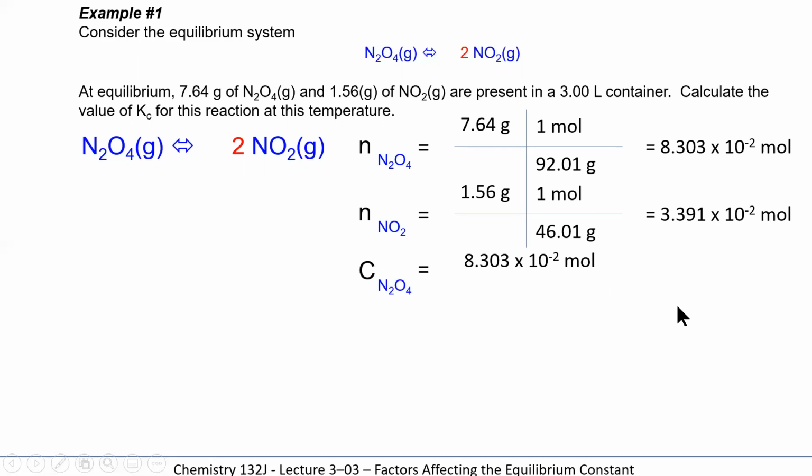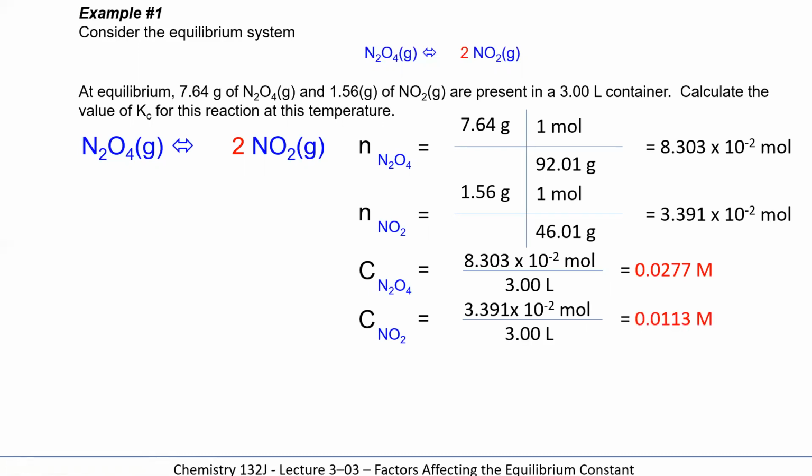And then the concentrations are moles divided by volume. So the moles divided by the volume for N2O4 will be 0.0277 moles per liter. For NO2 will be 0.0113 moles per liter.